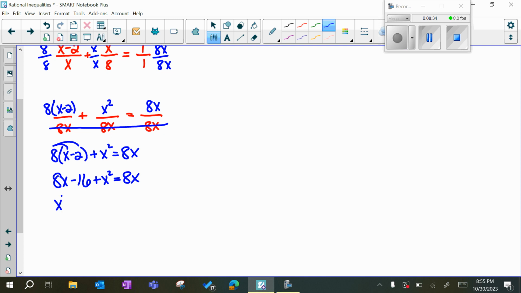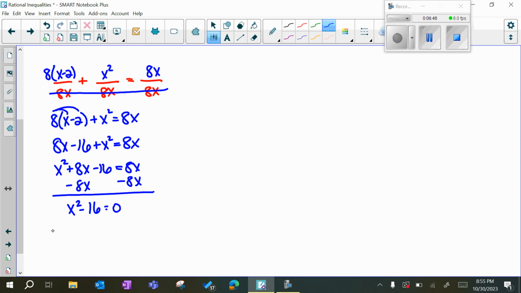So first I'm going to rewrite this into standard form. And then I am going to subtract to get my polynomial equal to 0. This is a difference of squares, so it becomes x minus 4, x plus 4 as my two factors. When I set each factor to 0, I get x equals negative 4 and x equals positive 4.